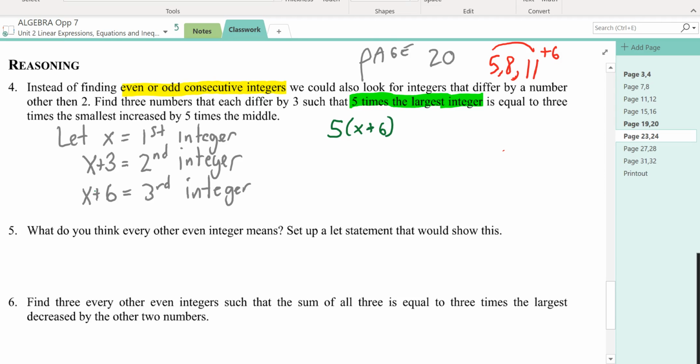Is equal to 3 times the smallest, which is 3x, increased by 2, plus 5 times the middle. That means 5 parentheses x plus 3. I didn't have to solve that for you. So we've got an equation now, right?